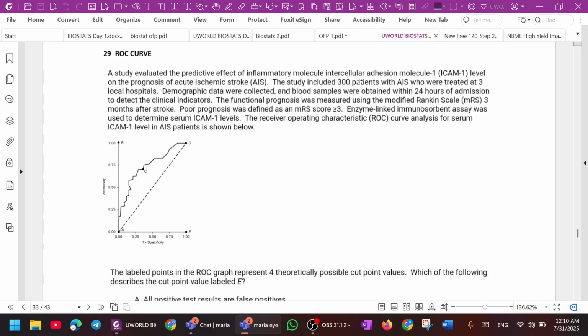The ROC curve analysis for serum ICAM level in acute ischemic stroke patients is shown below. The labeled points in the ROC graph represent four theoretically possible cut point values. Which of the following describes the cut point value labeled E?